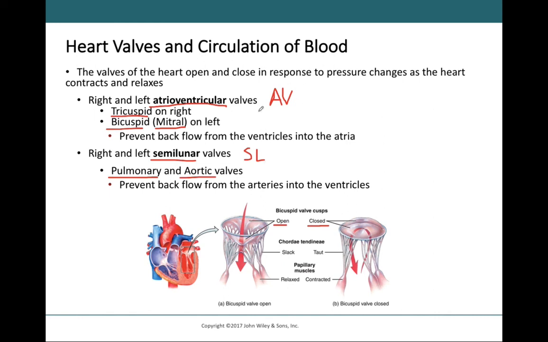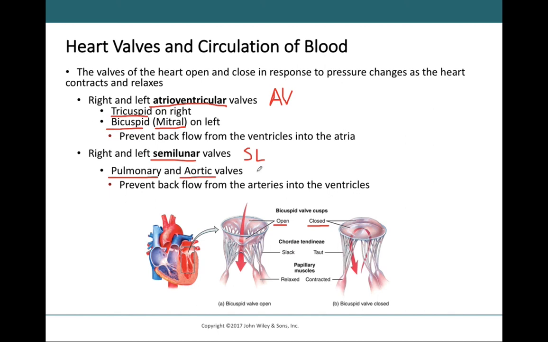So both of the AV valves will open together, and at the exact same time that the AV valves open, the SL valves are going to close. And when the SL valves then open, the AV valves are going to close.